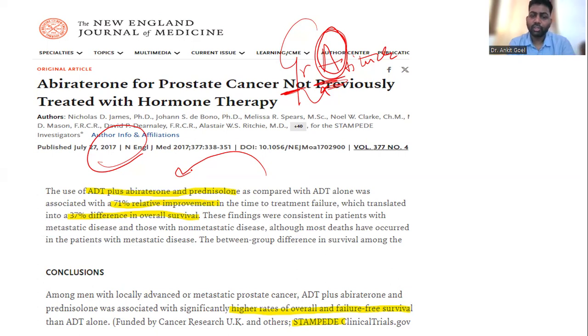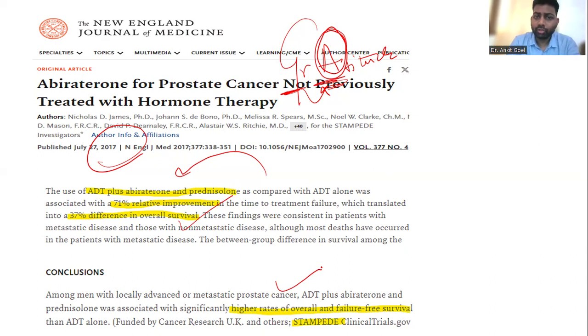To keep it very basic, there was a significant improvement in overall survival of around 37% between the ADT or ADT plus abiraterone. Okay, so this is the reason why abiraterone has now been significantly recommended after this result of the Stampede arm G.